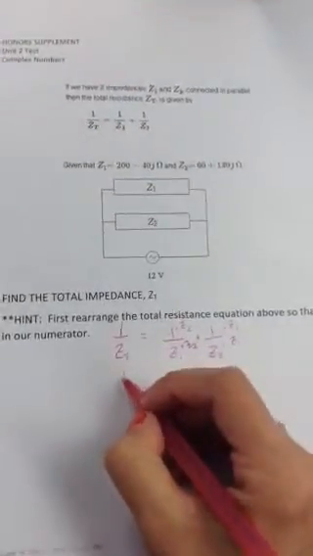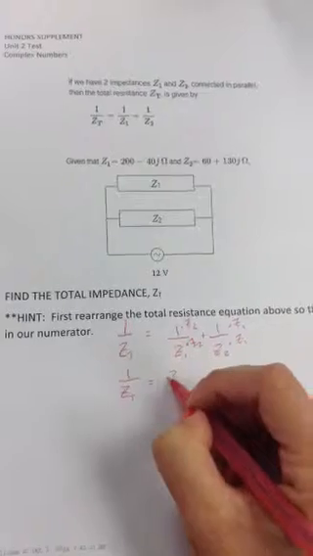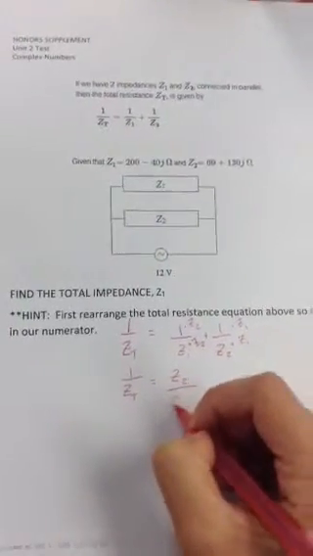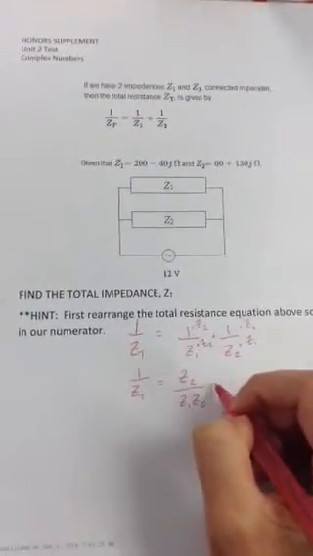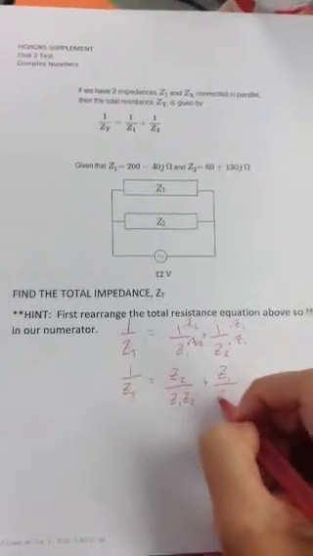So then I have 1 over ZT is equal to Z2 over Z1 Z2 plus Z1 over Z1 Z2.